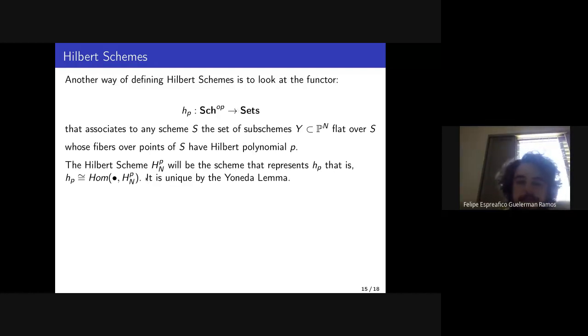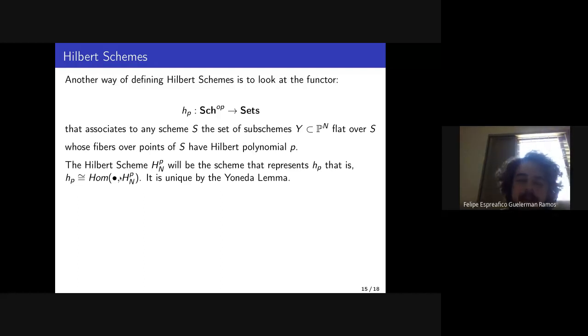So that means that for each scheme S, the set of fibers over points of S having the same Hilbert polynomial will be bijective, will be the same set as morphisms from S to our Hilbert scheme.